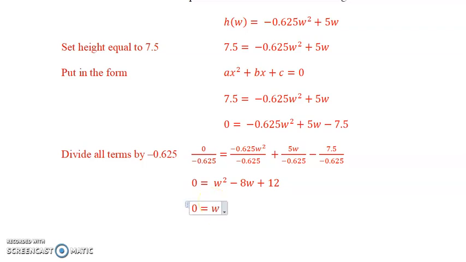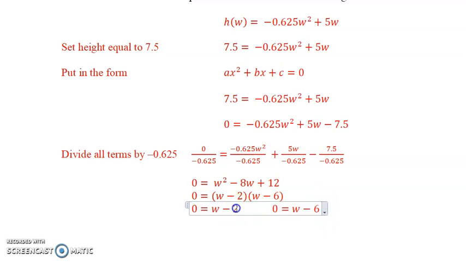So (w minus 2) and (w minus 6). So that means that we set both equal to 0. So we separate and set both equal to 0.